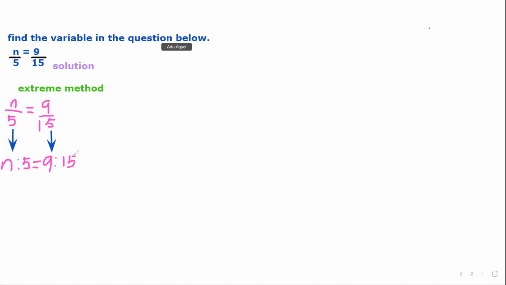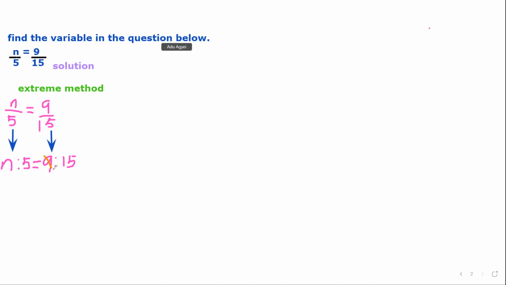Then before you can multiply the extreme numbers and multiply the middle numbers, or multiply the middle numbers and equate it by the extreme numbers, check the other ratio whether you can reduce to its minimum or simplest form, so that it can also reduce the burden of multiplication. So with this, the other side of the ratio here can also be reduced.